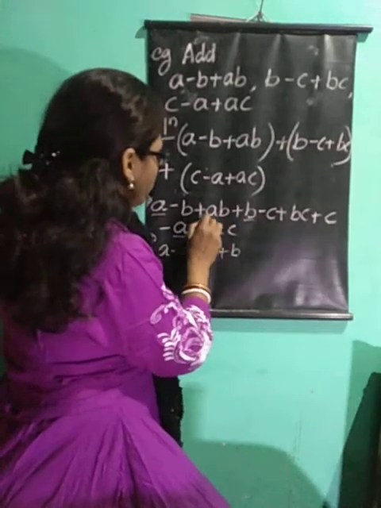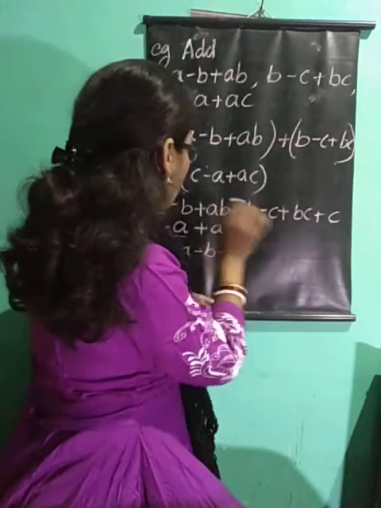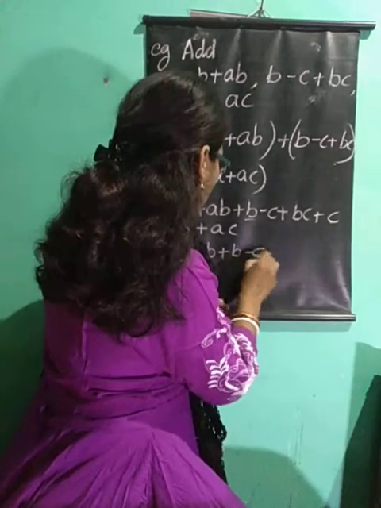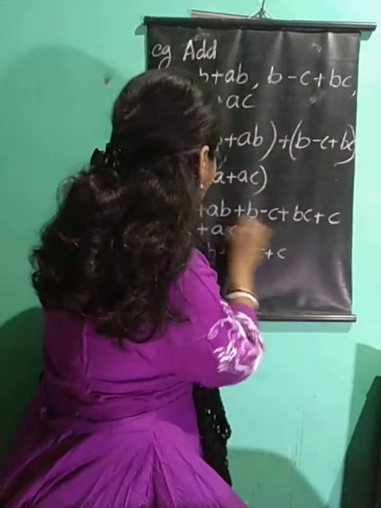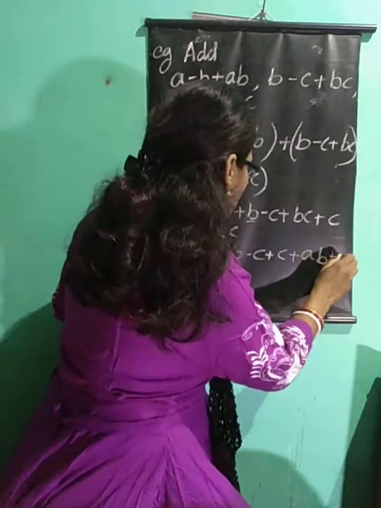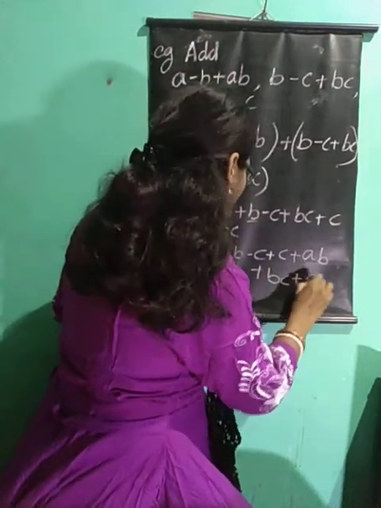Then is there any ab? No ab. You have minus c plus c. Then you have plus ab, and you can write plus bc plus ac.